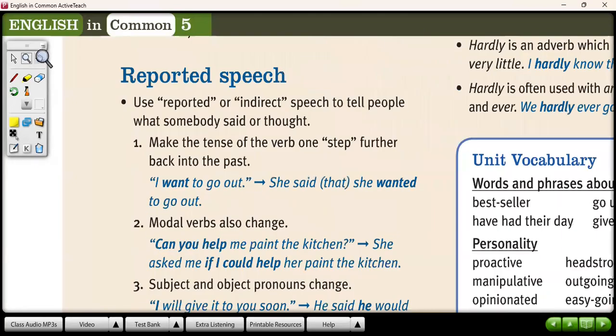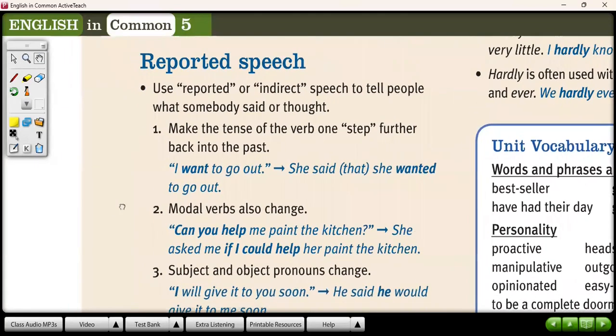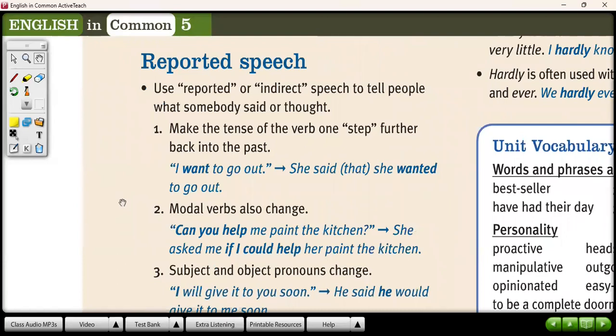Probably you are thinking, why do I need to use this structure? Okay, reported speech. It's very common in the news when you write articles, when you need to report what someone has said during a meeting. Okay, so sometimes during meetings, there's a person responsible for taking notes about the meeting.